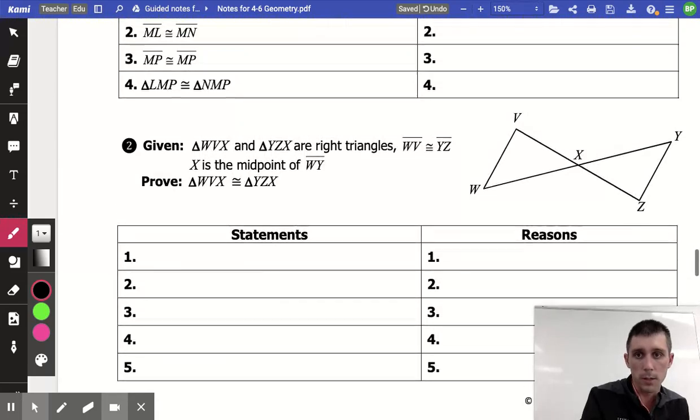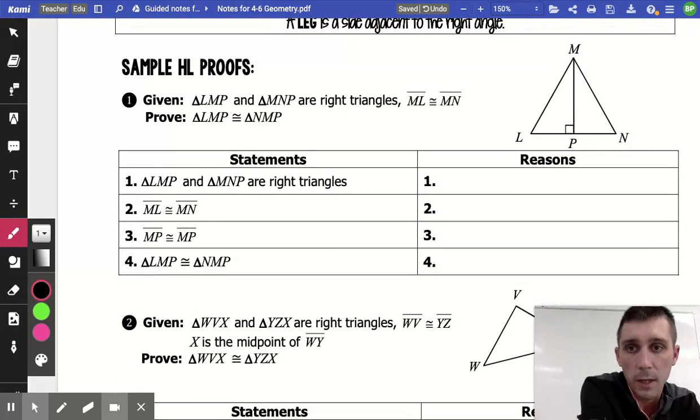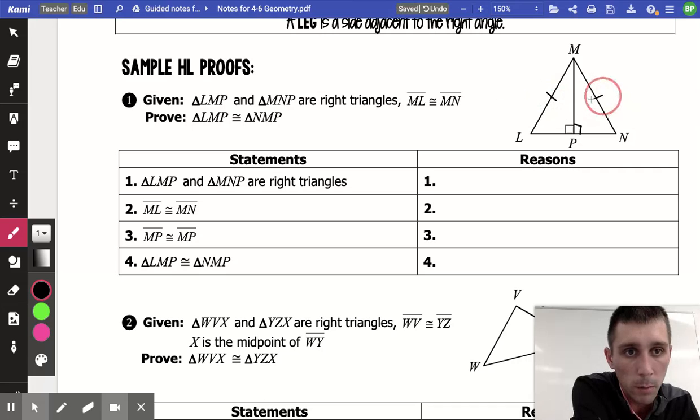Okay? So let's take a look. We're just going to do these last two, 1 and 2 here. Given triangles LMP and MNP are right triangles. That means they have a right angle. ML is congruent to MN. All right, so how do we know that? Well, that one's given, and this one is given. Now, we're sharing a side.